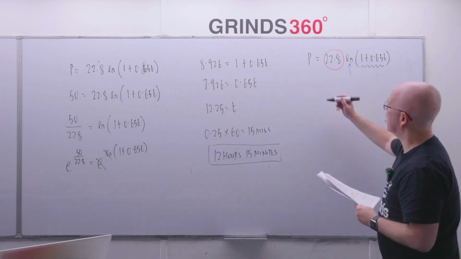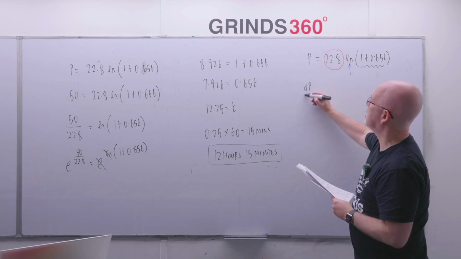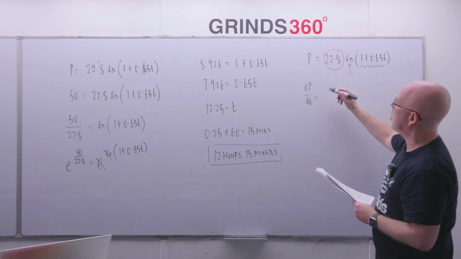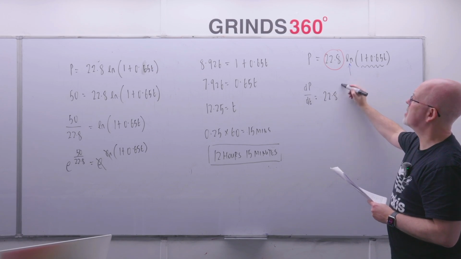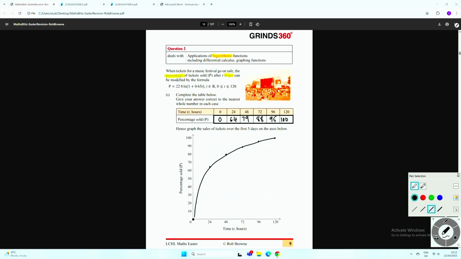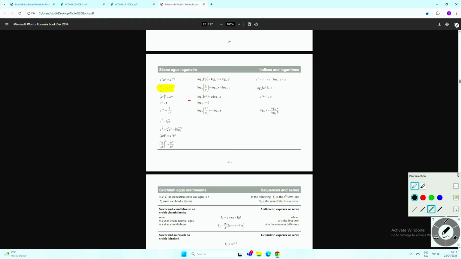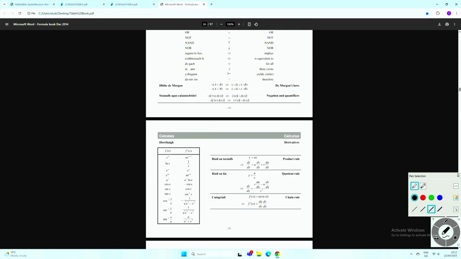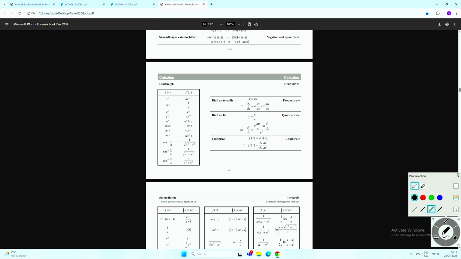So in this case, to find my derivative, dP/dt, leave the 22.8 where it is, number stays put, and what does natural log turn into? Well, we'll take a quick trip to page 25 of our formula booklet. Page 25, remember, is where the derivatives are, and there it is.